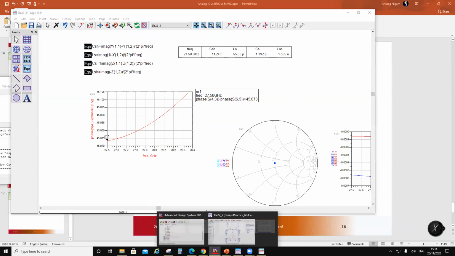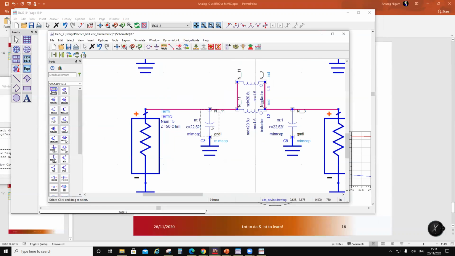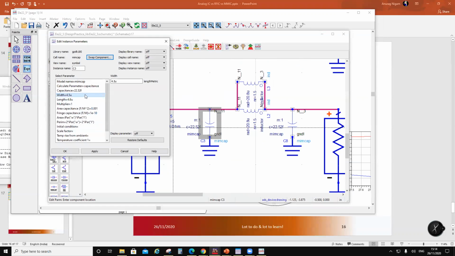So let's do it this way. Let's go here to the least possible value, which is going to be 4 and 4. Below this, it's going to give you a DRC error. Okay, so let's say 4.4 or 4.2 or something like that, slightly larger than the, yeah, 4.1. Okay, let's make it 4.1 and 4.1.